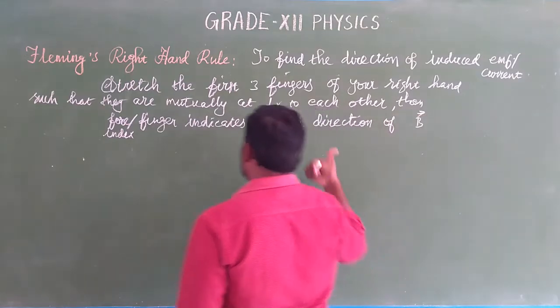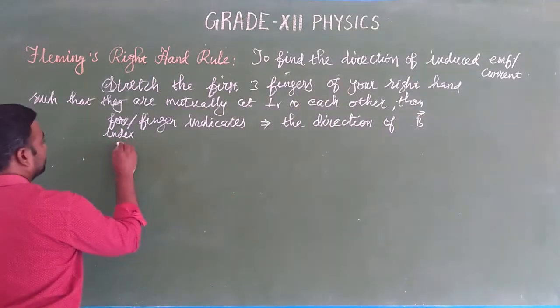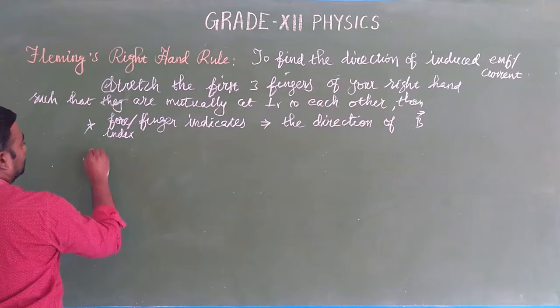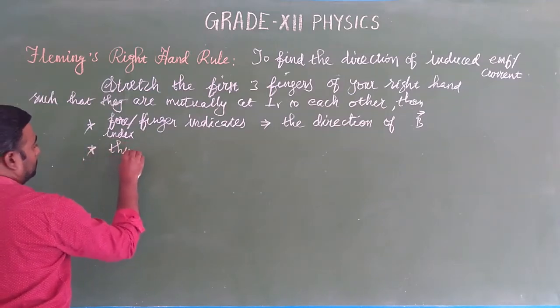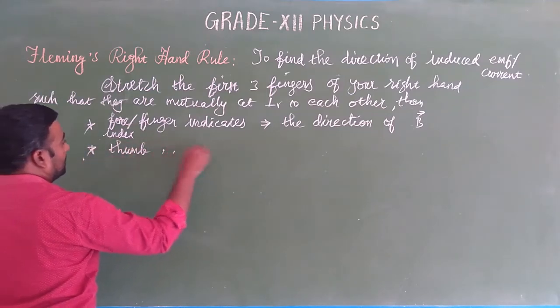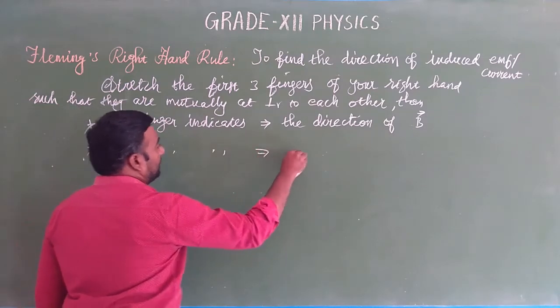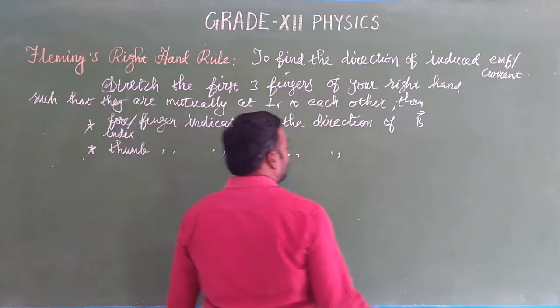And the thumb indicates the direction of motion of the conductor.